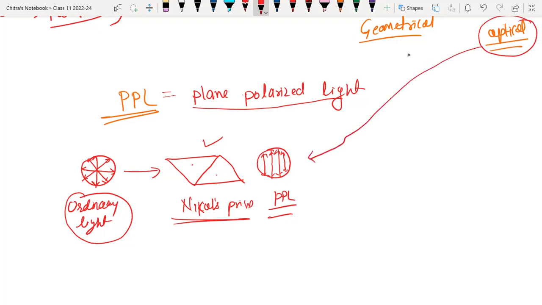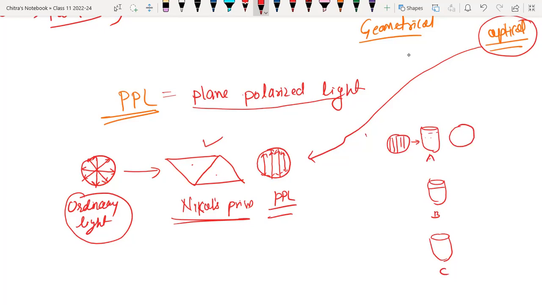Okay, suppose here we have a solution of three different compounds. We don't know whether they are optically active or not. Suppose this is A, here we have the solution with A, this is B and this is C. When plane polarized light passes through solution A, it rotates the plane of the plane polarized light.